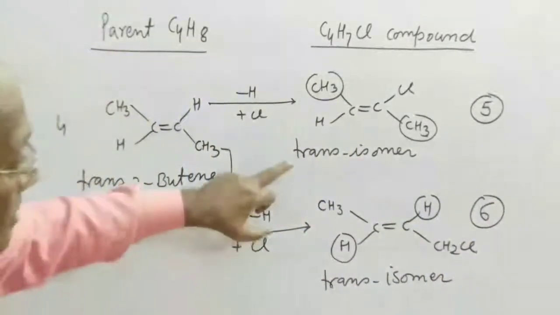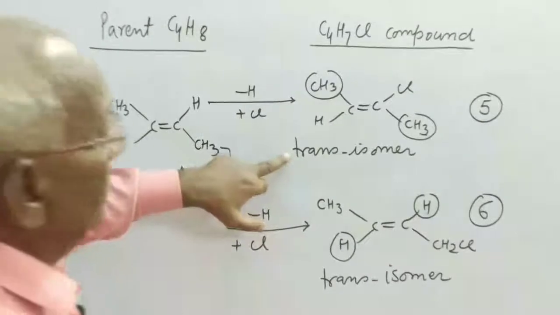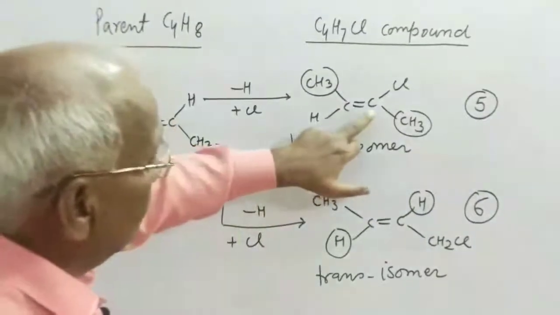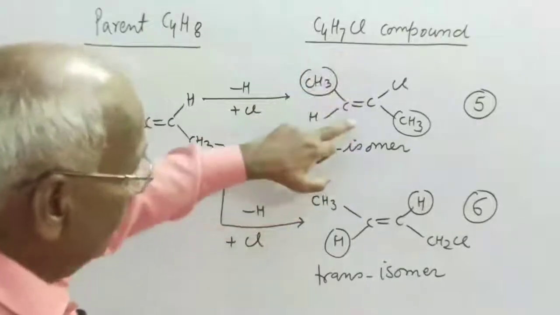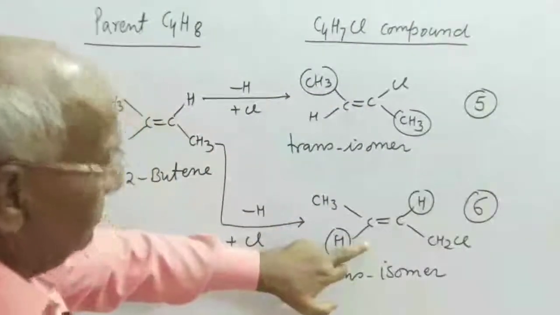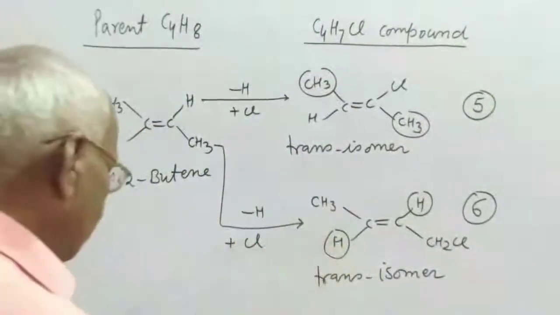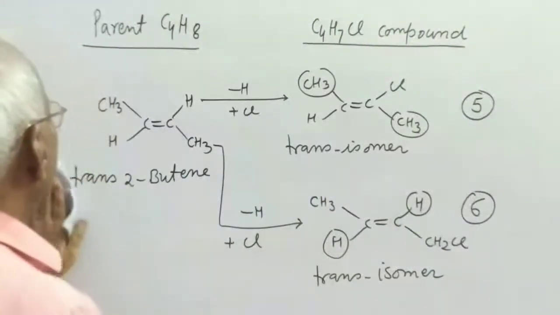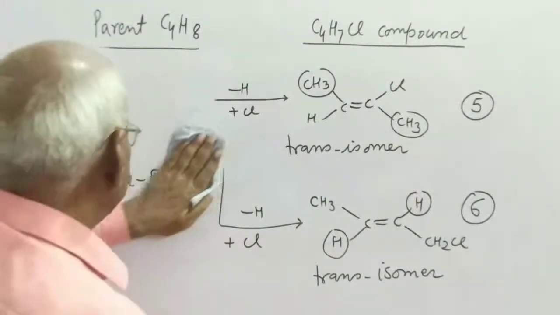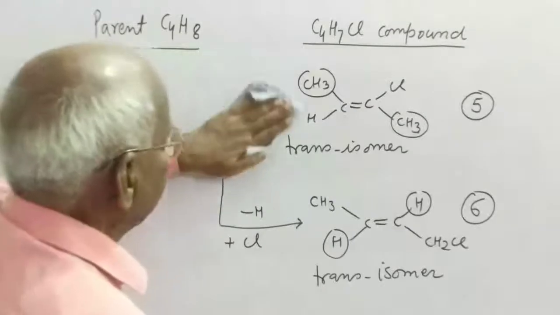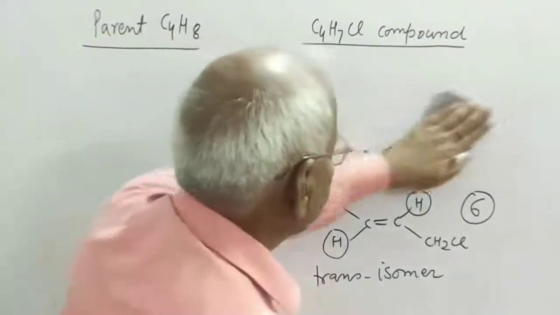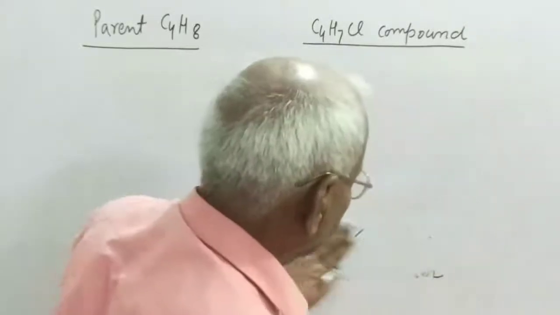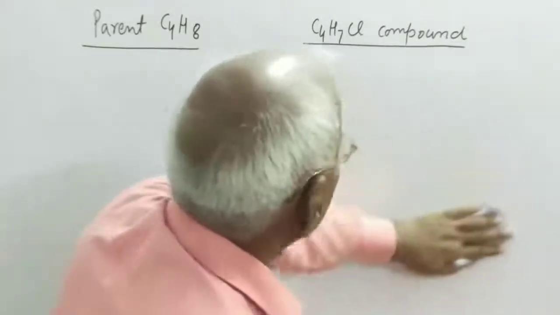So both are geometrical isomers because each of the sp2 carbons carries two different substituents, in this case and in this case too. So there are 6 geometrical isomers obtained with the help of different isomers of the parent molecule, butene.